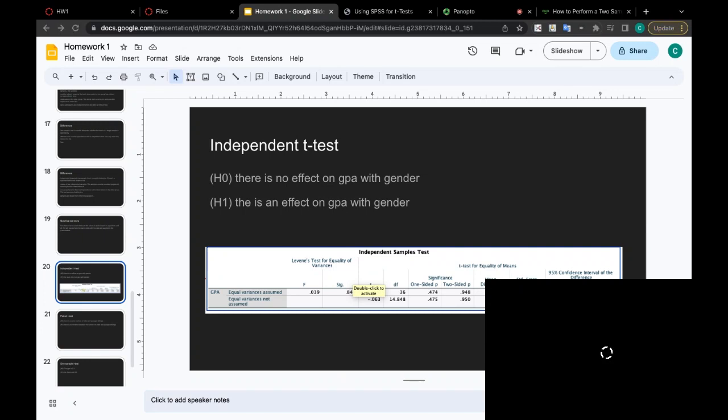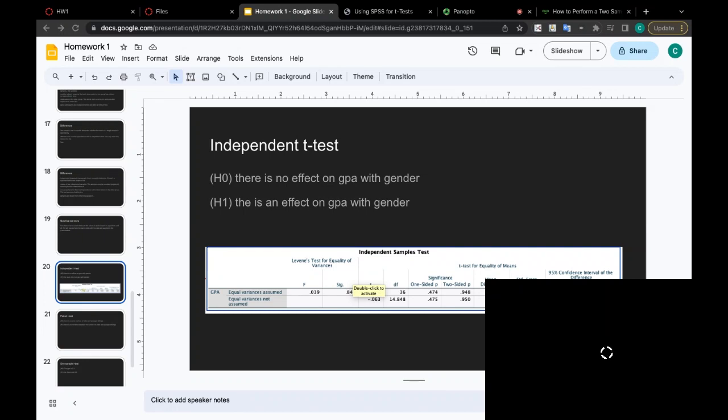We're saying, okay, the GPA by gender. Now, in this example, male is 1 and 2 is female. Sometimes you may change the numbers around, but we're checking for males and females.